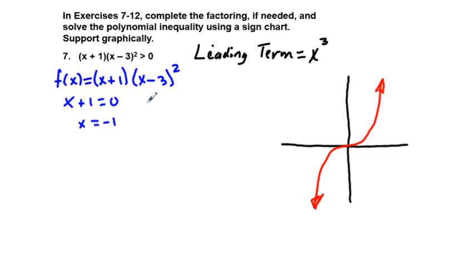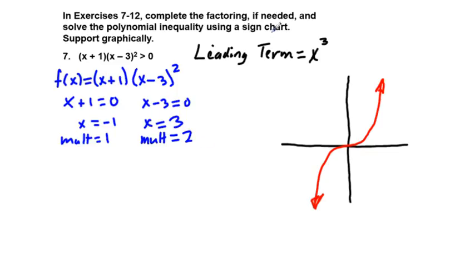And then we would set x minus 3 equals 0, so x equals 3. And this zero of negative 1 is going to have a multiplicity of 1. And since we have a double root, this factor x minus 3, this zero, 3, since we have it squared to the second power, this root will have a multiplicity of 2. So that's going to really make a difference on what we're looking at.